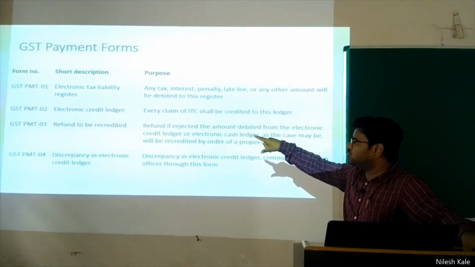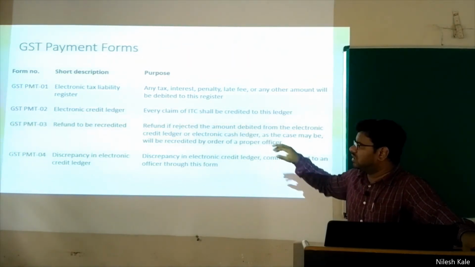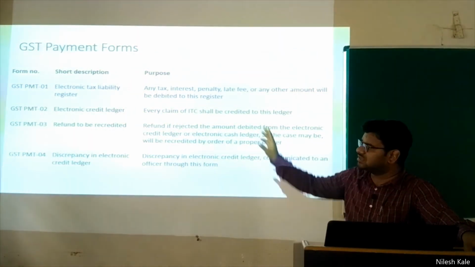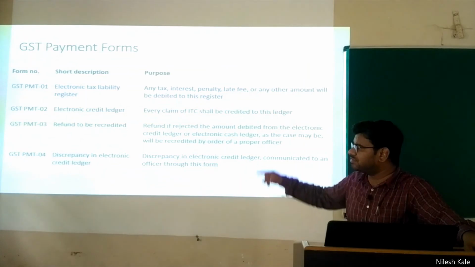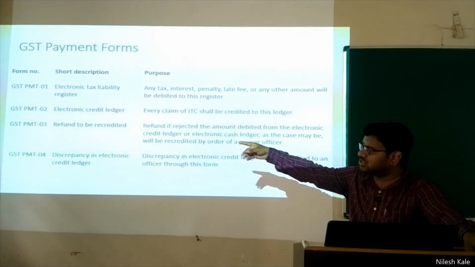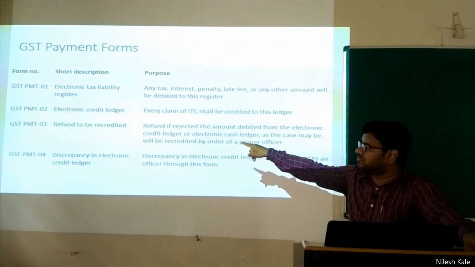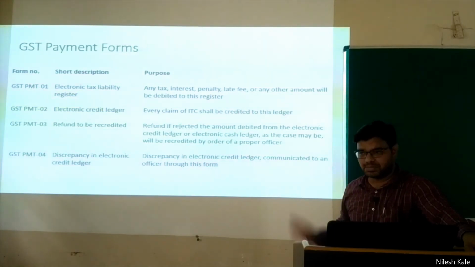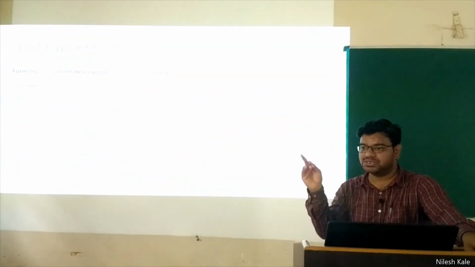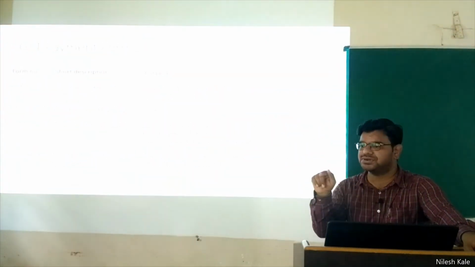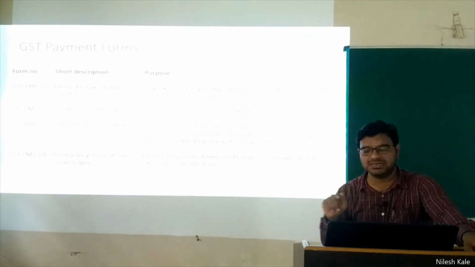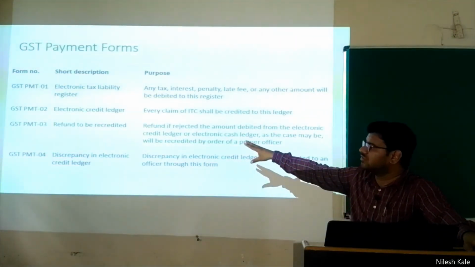GST PMT 02 is electronic credit ledger. Every claim of ITC will be done in the GST PMT 02. What do you mean by PMT 03? It is refund to be recredited. It means refund from the government to the taxpayer. If government is giving back to the taxpayer, then PMT 03 form will be used.